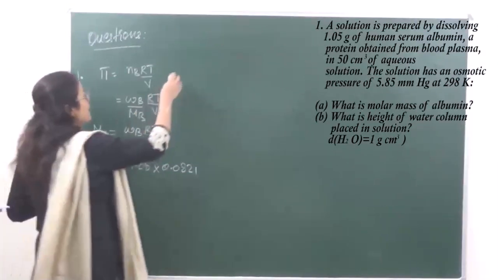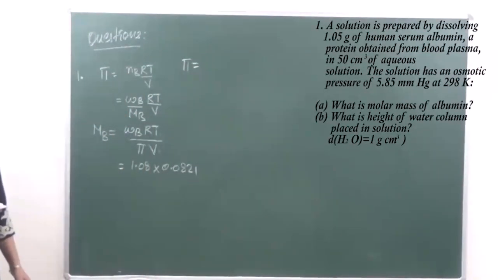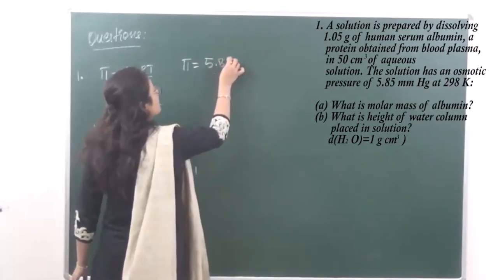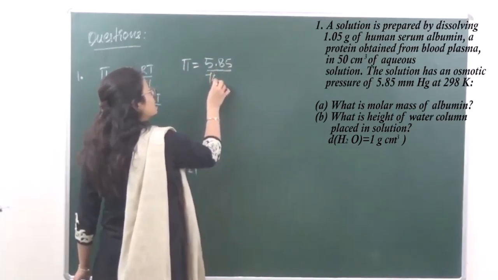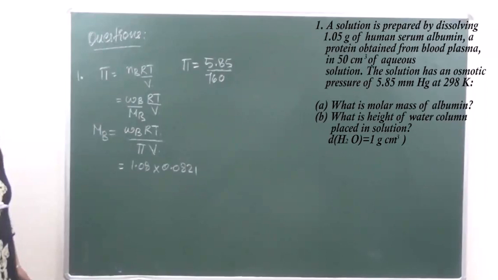The osmotic pressure given to us is 5.85 mm. To convert it into atmosphere we divide by 760, okay? One atmosphere is equal to 760 mm, right?